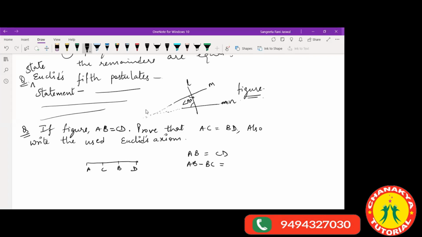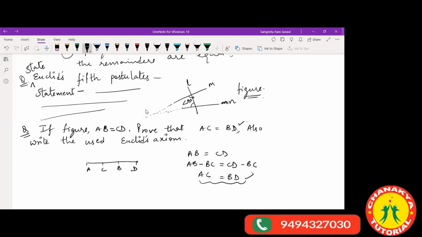And from this CD, if I want just BD, that means again I will have to subtract BC from here. Are you understanding? Yes, ma'am. Okay. So if from AB I'm subtracting BC, that's equal to AC. And from CD, if I'm subtracting BC, I'm getting BD. Okay, so this is what I was asked to find out.